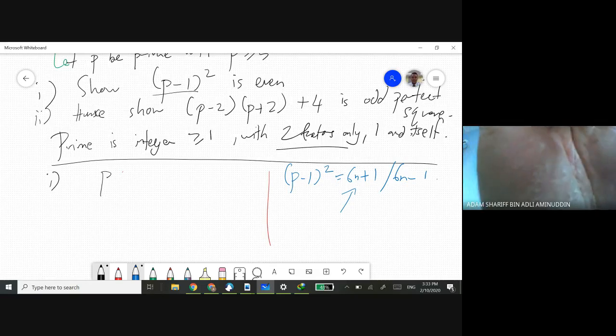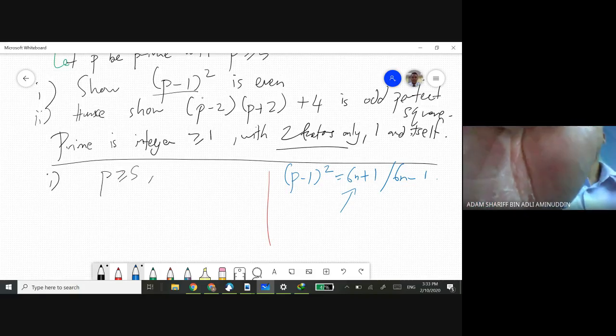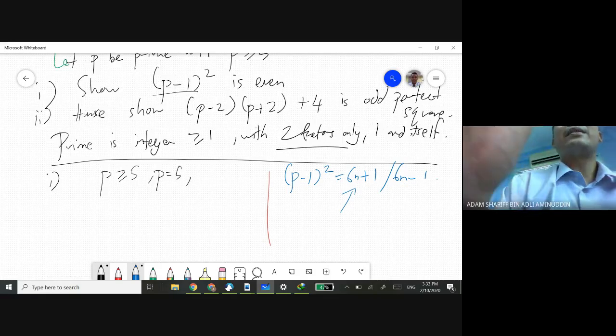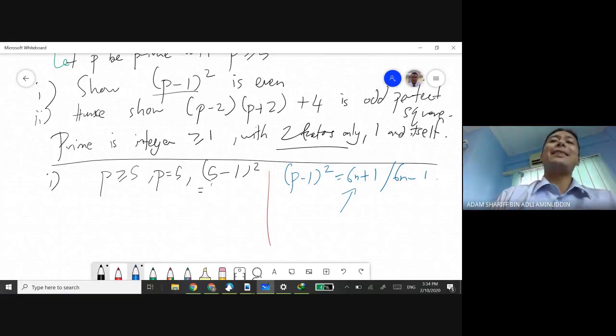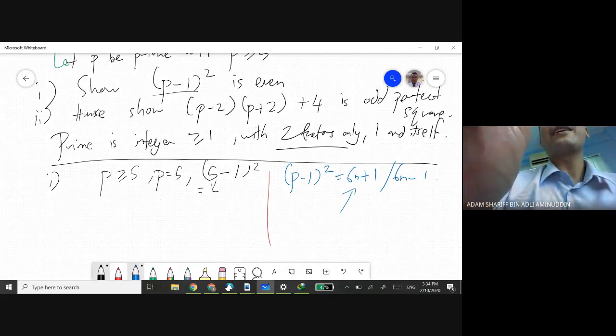If P larger than 5, so let's say P equals to 5, then it will be 5 minus 1 squared. It will be, oh, pandai soalan ni. It will be 4 squared. Okay, then it will be even.